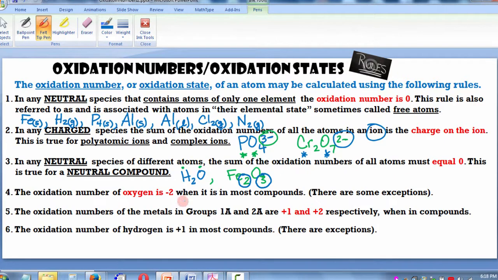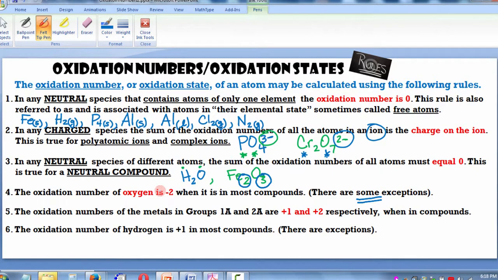Rule number 4. The oxidation number for oxygen when it's in a compound is minus 2. Now there are some exceptions, but we will go by this general rule that oxygen has an oxidation state of minus 2.